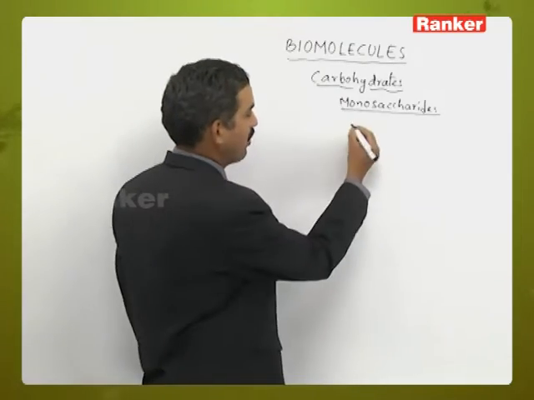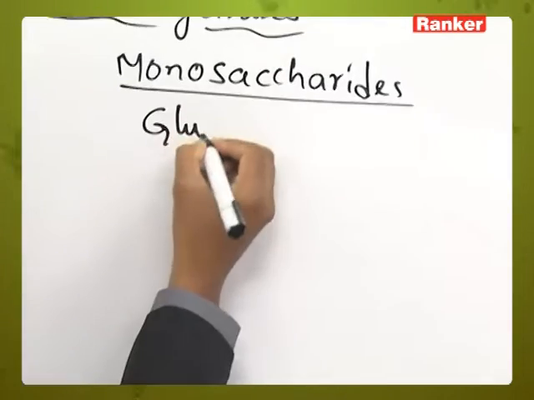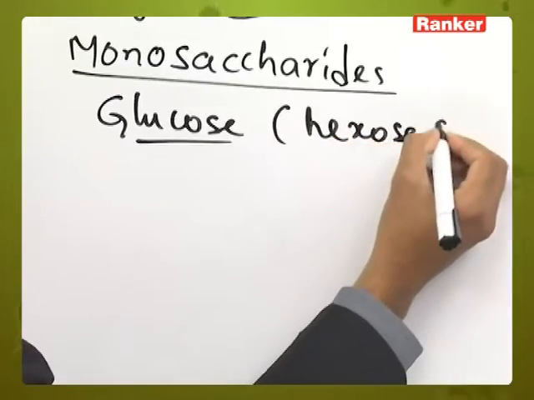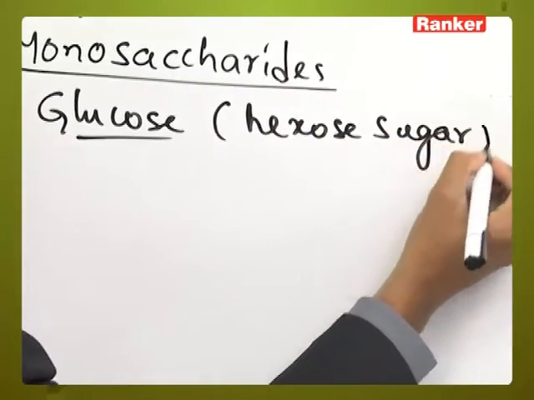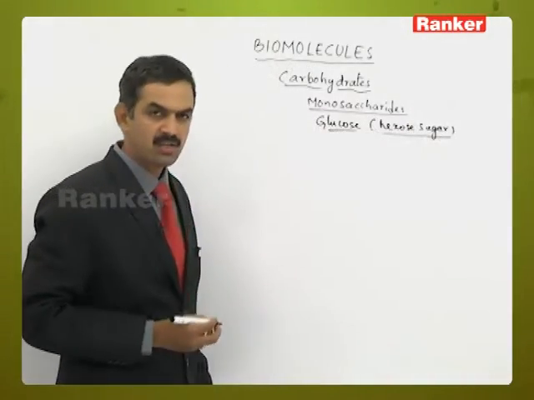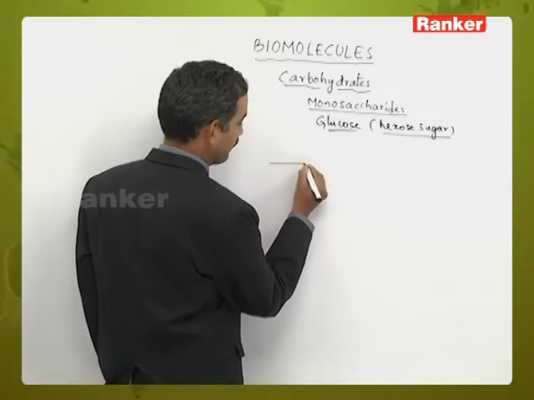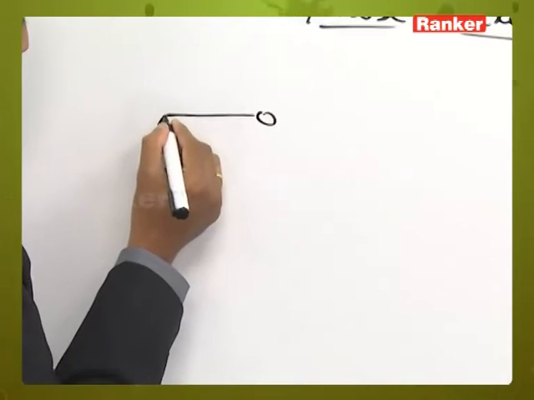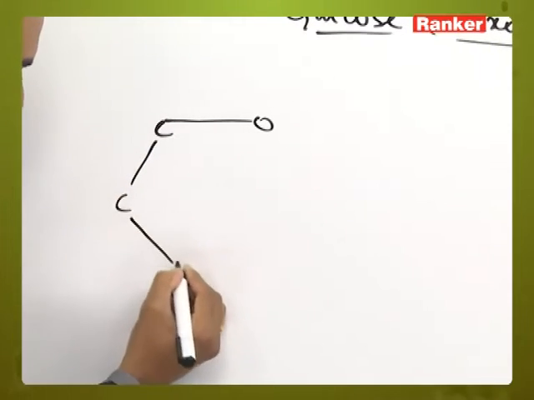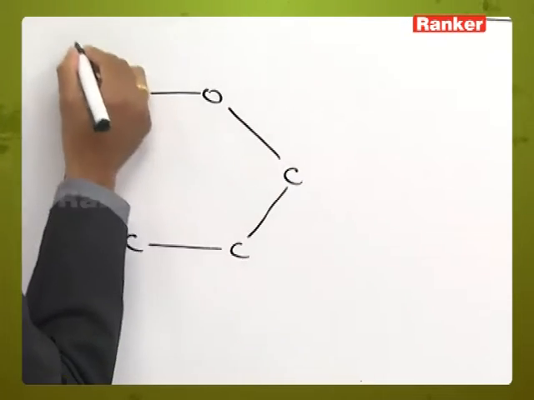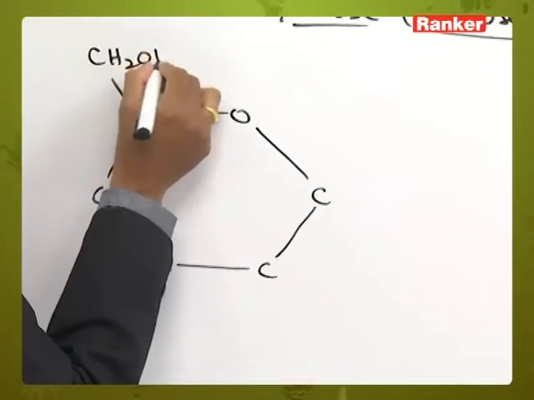If we take the example of a glucose molecule, a hexose sugar, this also exists both in the open chain structure and also in the ring structure. If we take the ring structure, hexagonal in its nature, with 5 carbons in the ring structure, the fifth one is present outside, CH2OH.